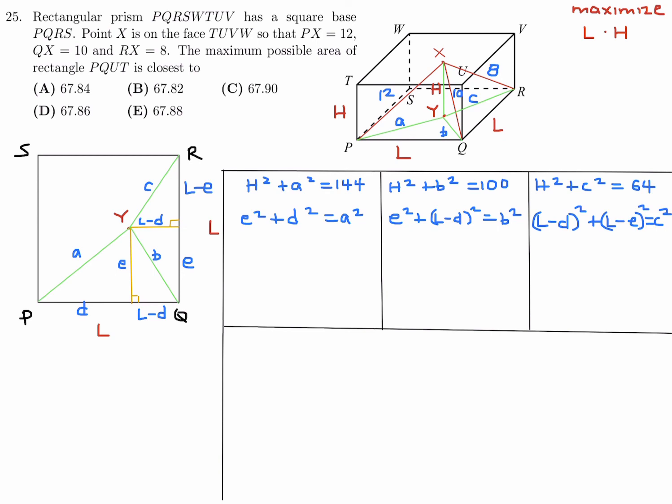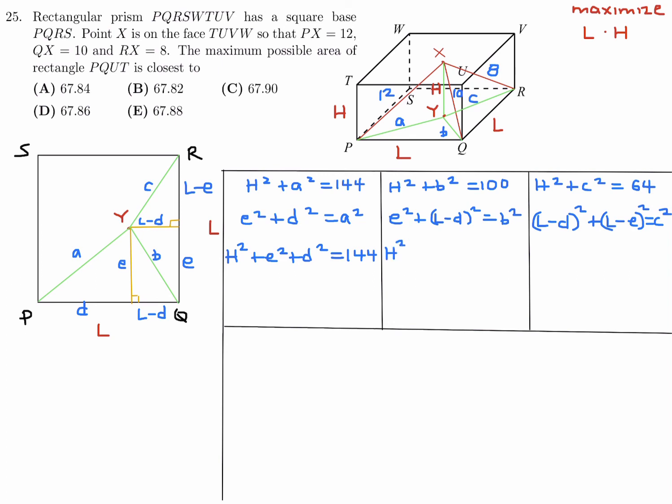All right. So now let's see what we can get. We can make some substitutions at this point. So for example, for A squared, we can substitute this guy. So we can just put H squared instead of A squared, E squared plus D squared, and that's equal to 144. All right. And in a very similar way, instead of B squared, we can put all this.